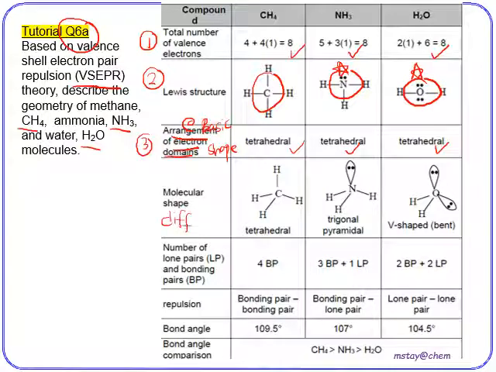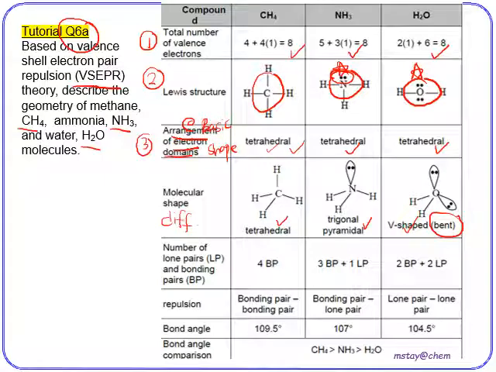Tetrahedral is the basic shape for methane, and the molecular shape is still the same, tetrahedral. However, for ammonia, because there is one lone pair electron, the shape of the molecule becomes trigonal pyramidal. While water has two lone pair electrons, so the shape is known as V shape, or we can also call it bent.